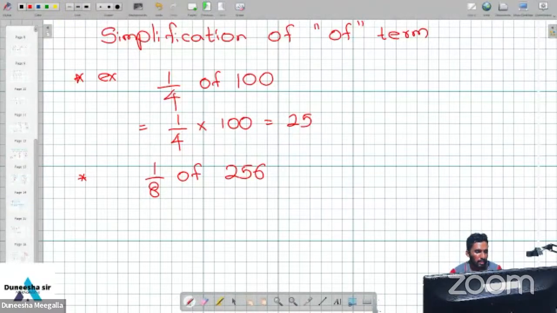How do we get the answer? 256 divided by 8. One over 8, you have to multiply by 256. It's also the same as dividing by 8. The answer is 32. Okay. After you finish these two examples, raise your hand.